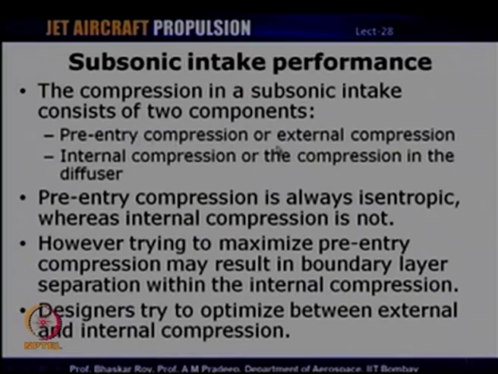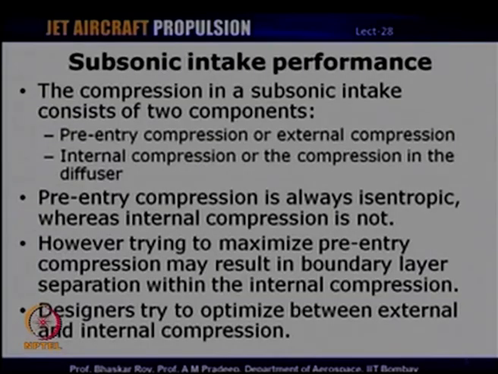One is the pre-entry compression or the external compression, and the second part is the internal compression, or compression within the diffuser. Pre-entry compression is that part of the compression which occurs just before the intake entry itself, and because there are no solid surfaces bounding it, pre-entry compression is always isentropic.